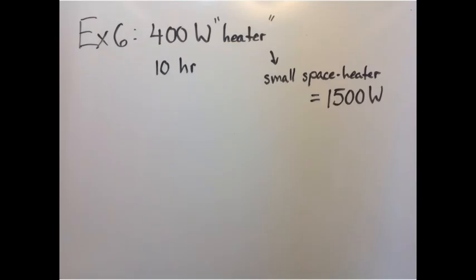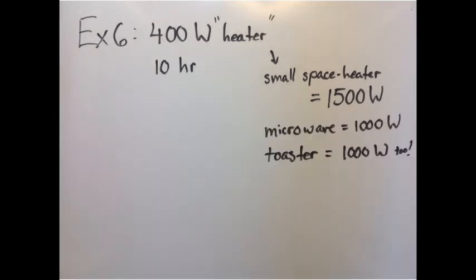Now, when I originally wrote this question, just for context, I didn't actually go and look at a space heater. Turns out a small space heater, such as you might use to heat your bedroom in the winter, is 1,500 watts. So this is not a very good heater. This is more like a coffee cup warmer or something. Well, maybe a little better than that.